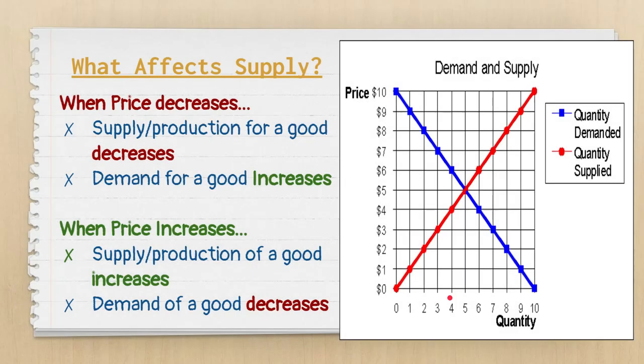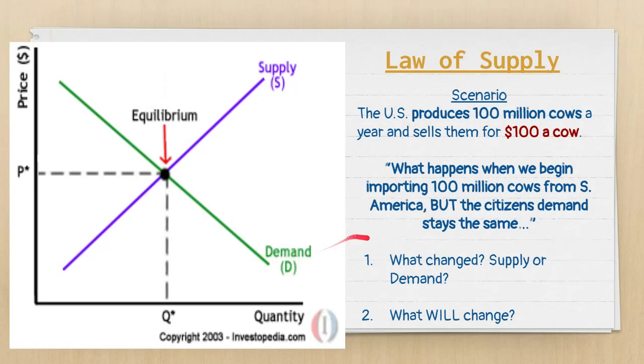Well, let's try to figure out the rules we had before. So we have increased supply. Now that we have more cows, what's going to happen to the price? Well, logically, the price is going to go down because now we have too many cows. We have a surplus of cows.